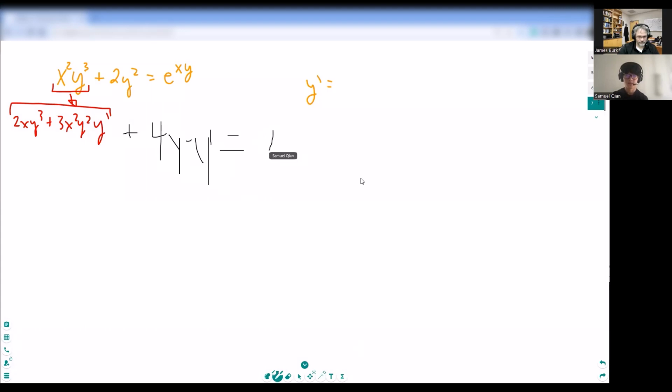Oh, and then I could move this over, like divide this by that. Right. And then collect like terms. But then that wouldn't work because you still got this.